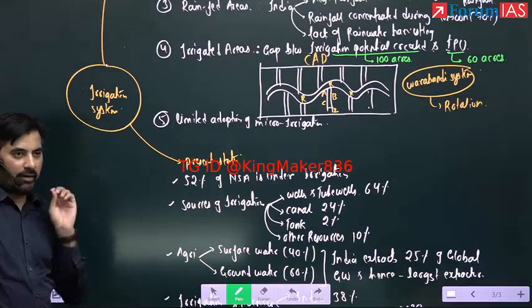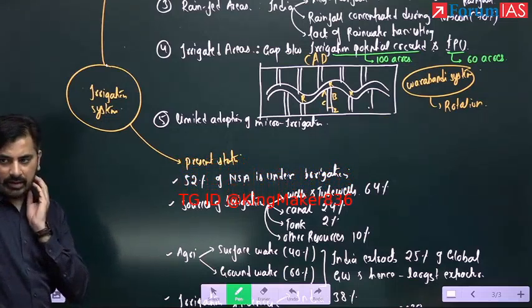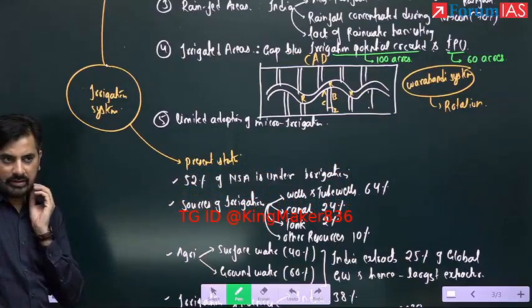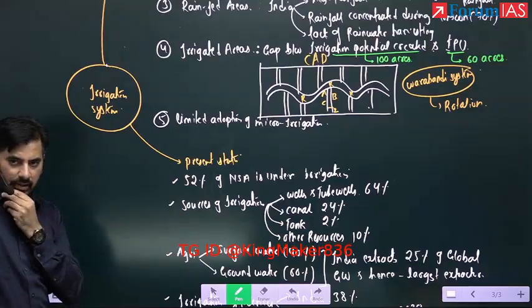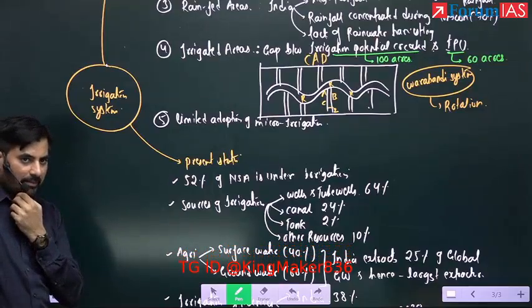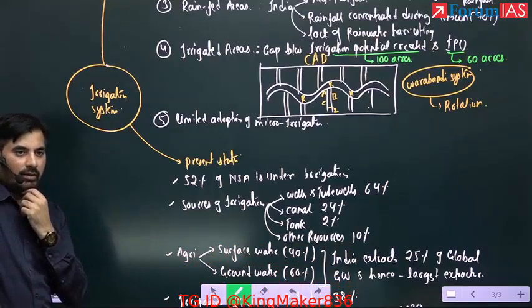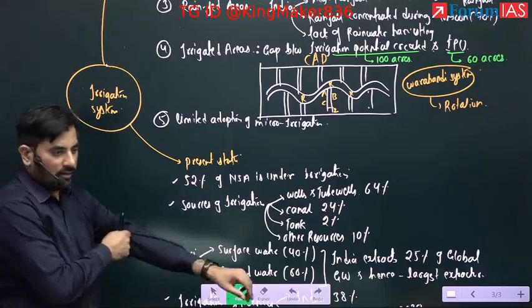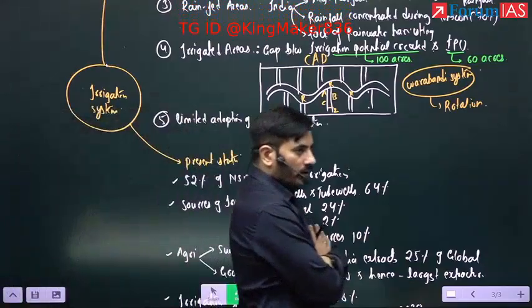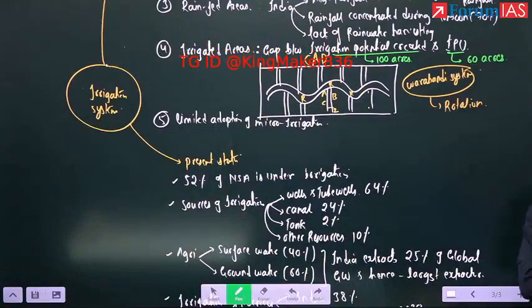Under that, put a hyphen and write: against the potential of 70 million hectares, only 14 million hectares is under micro irrigation.